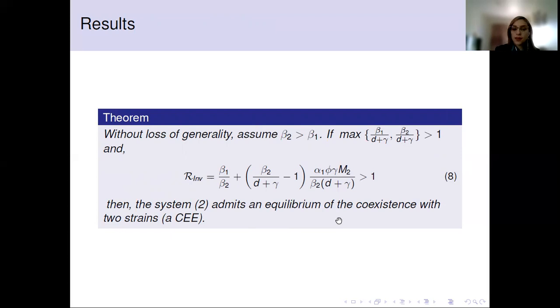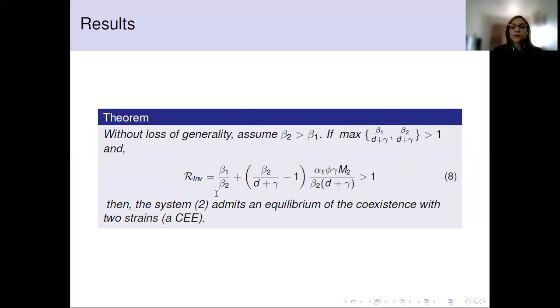So in this case, if this condition is satisfied, then we have a coexistence equilibrium in the interior of the invariant positive region. This threshold here is an important threshold in models with multiple strains.